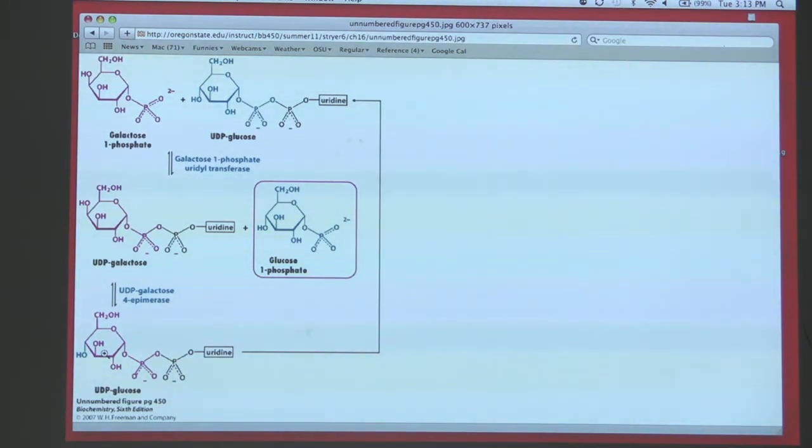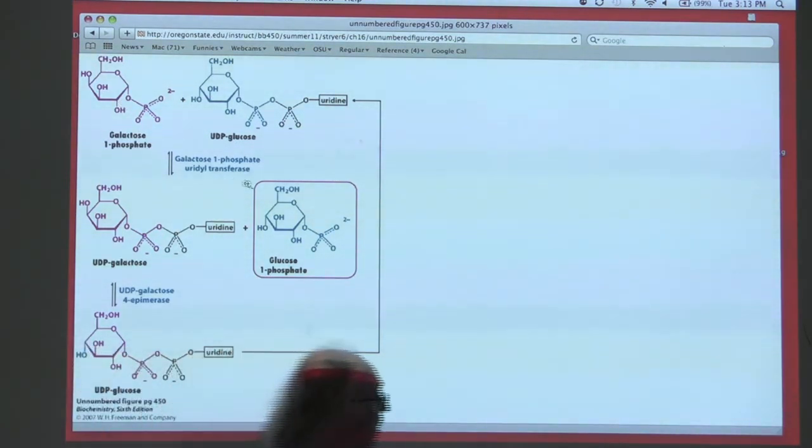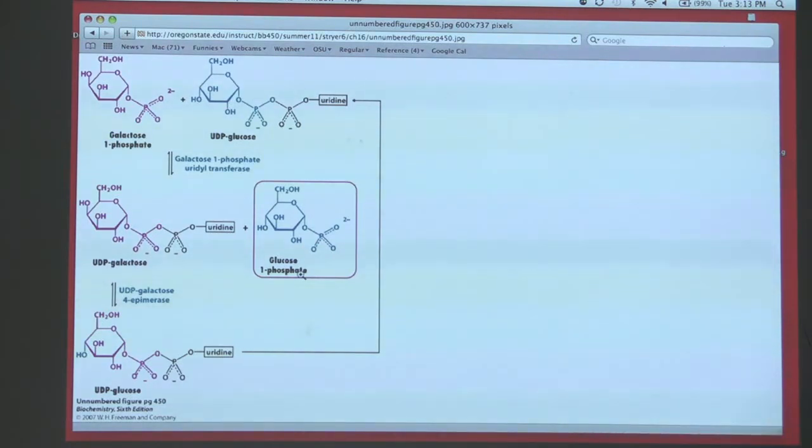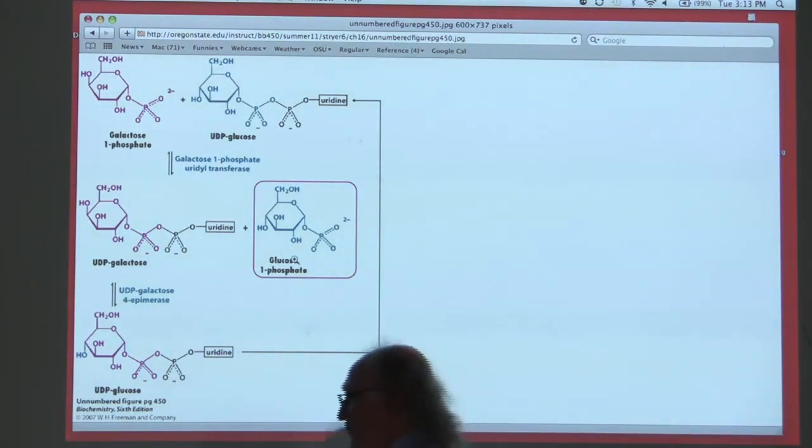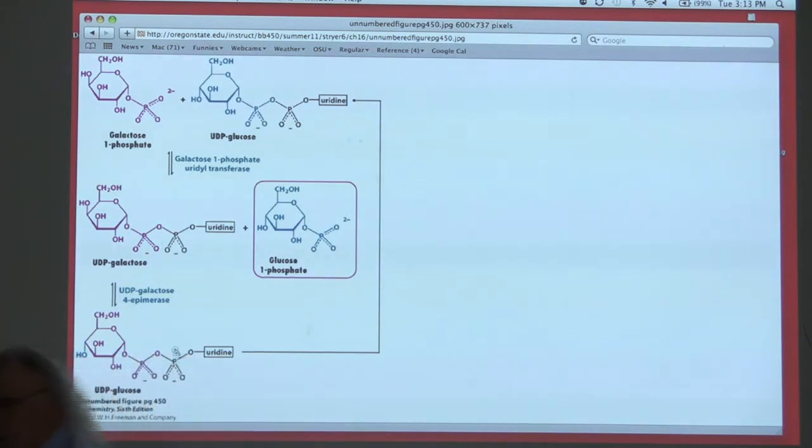Well, we're done because we've now regenerated our starting material, which was UDP glucose, and we can accept another galactose 1-phosphate. So each time this cycle turns, one glucose 1-phosphate is released. Now, glucose 1-phosphate, as we will see tomorrow, can readily be converted into glucose 6-phosphate and metabolized in glycolysis. So by generating glucose 1-phosphate by this cyclic pathway, cells are able to metabolize glucose.